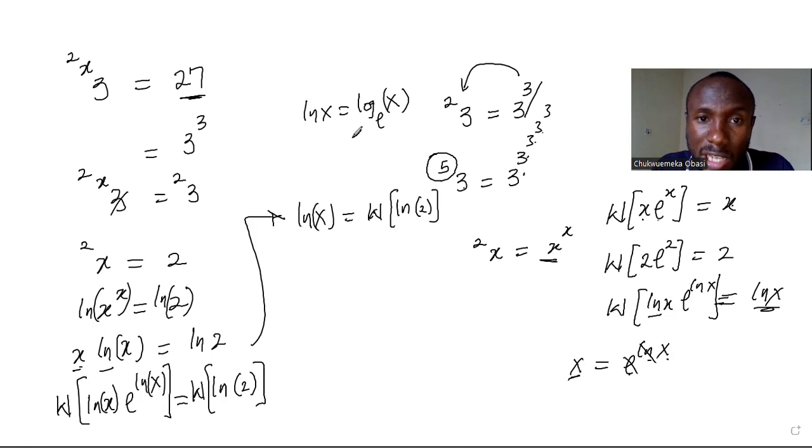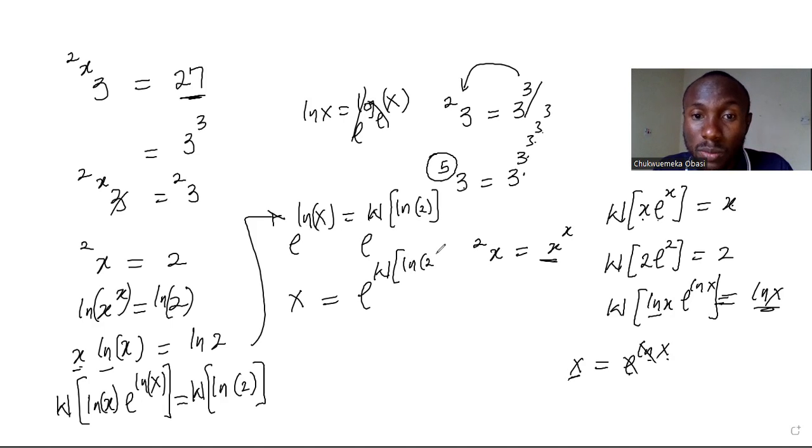So if I take the exponent of both sides, it's going to cancel out. So now we have x is equal to e exponent the Lambert W function of ln 2. So this is what our answer for x is going to look like. You can plug these in your calculator and see what the value of x will be.